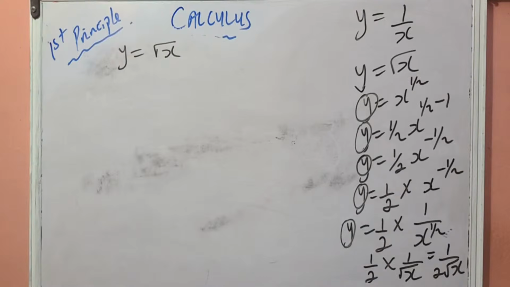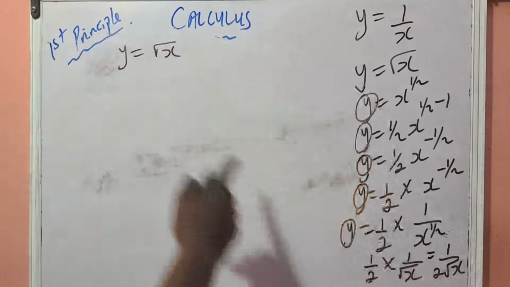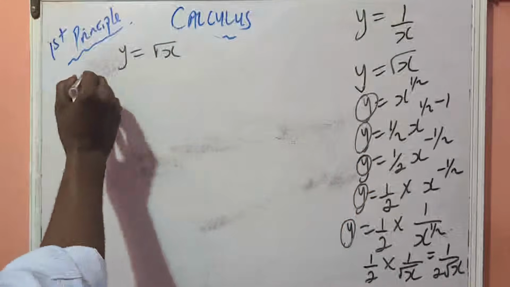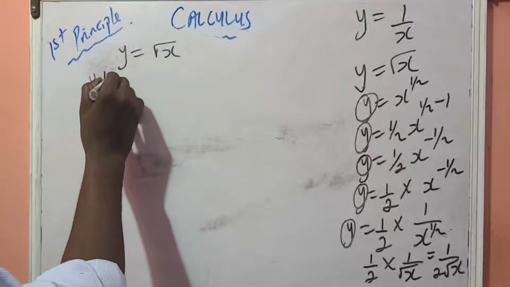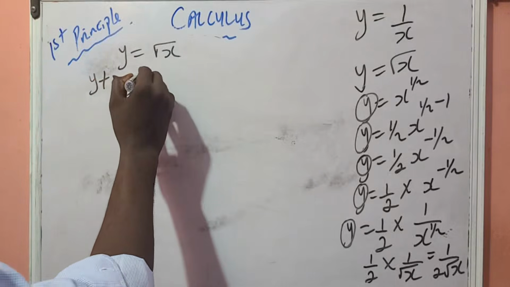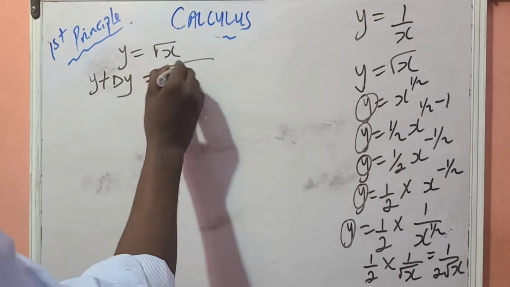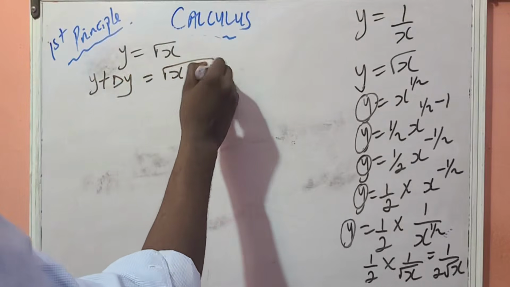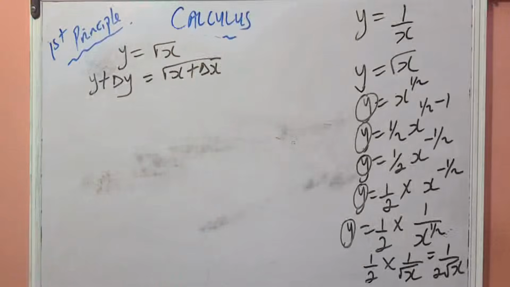Let's now use first principle and see if we arrive at this same answer. The first thing you are going to do is the same thing, nothing is going to change: increase both x and y, which you can see. That's what I just did.